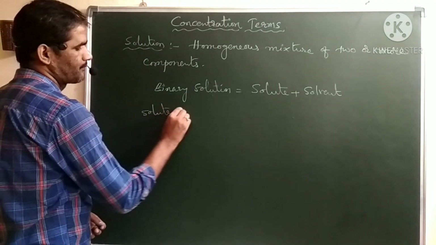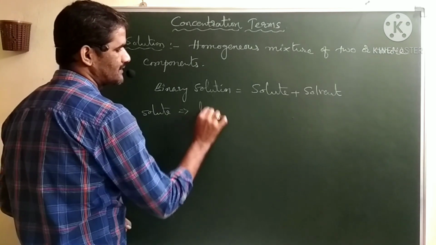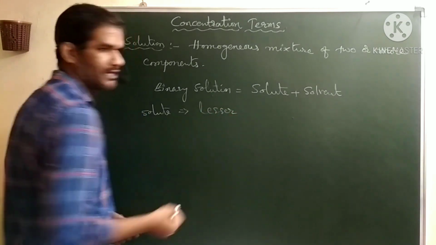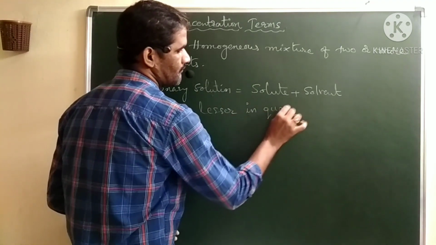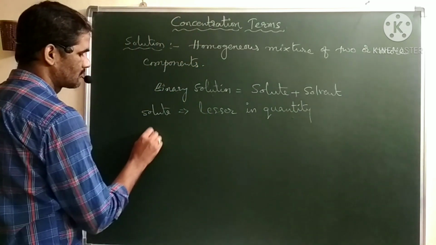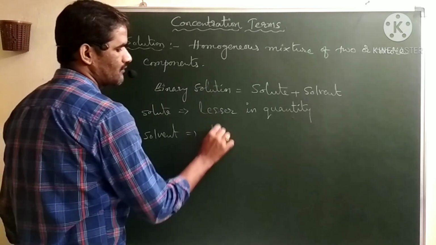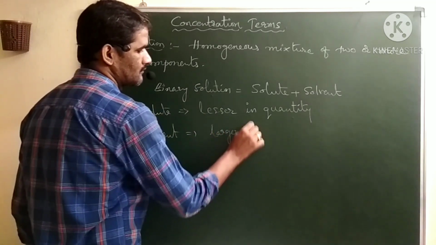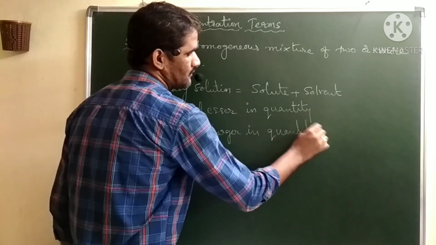The solute is a substance or component which is lesser or smaller in quantity. And the solvent is which is larger in quantity, or higher in amount, or more amount.